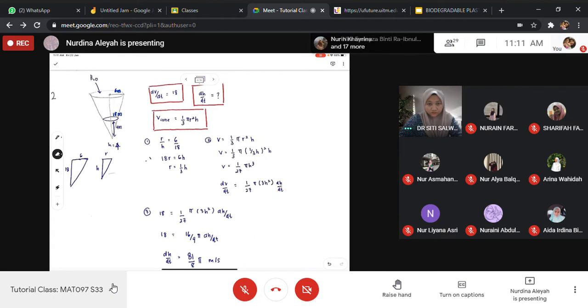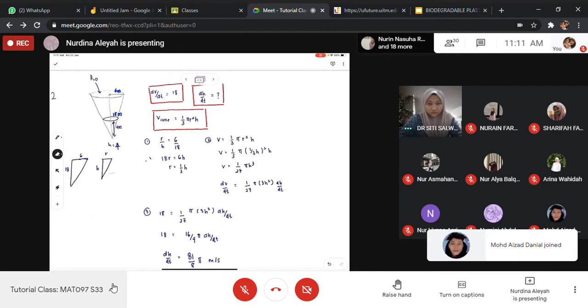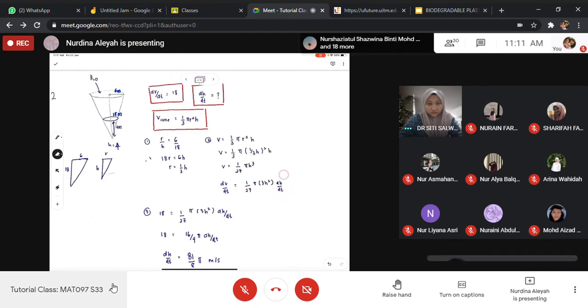Okay, and then differentiate yang V ni, yang volume cone ni, and then dia akan jadi macam ni lah. Include sekali dH over dt yang belakang ni. Okay, then step number 3, dV over dt kita dah tahu dah, tadi ada dalam soalan, which is 18. Dia punya dV over dt tu lah.